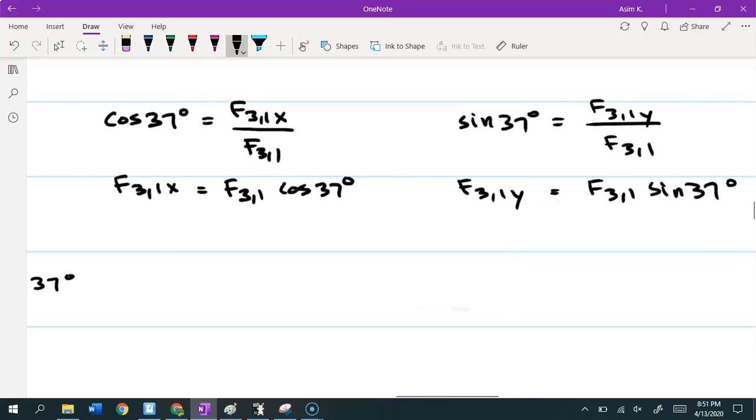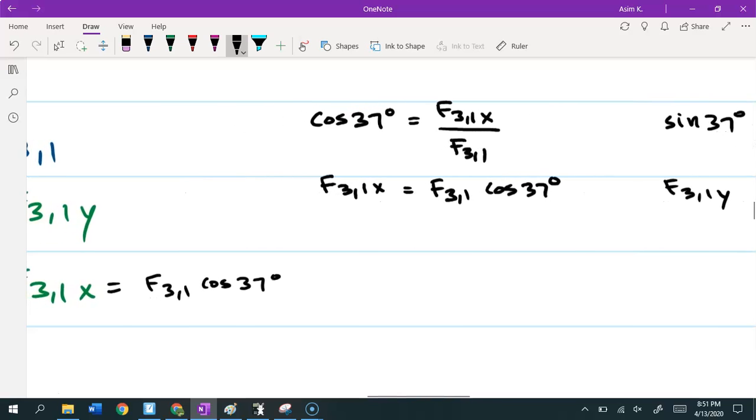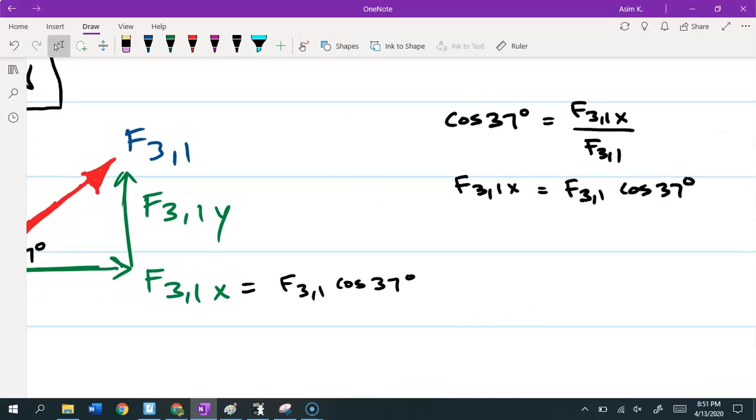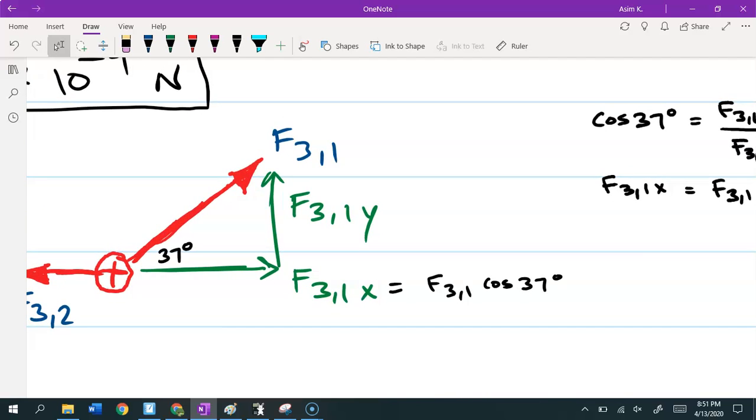This is something that we've done before, but I just wanted to highlight that so you don't feel like I'm just dictating things to you without you understanding where they're coming from. So F3,1 is multiplied by the sine of 37 degrees. Just to be clear, we'll put these in parentheses, because the notation F31 looks kind of odd.